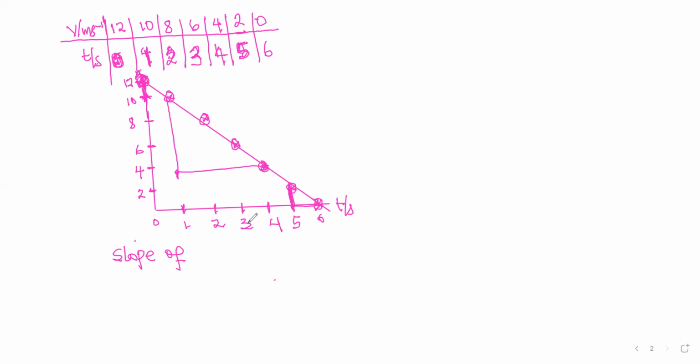Okay, let's see. If I choose this, I have the final point, 4, minus the initial, which is 10, divided by 4 minus 1. This is -6 over 3, which is -2 meters per second squared.